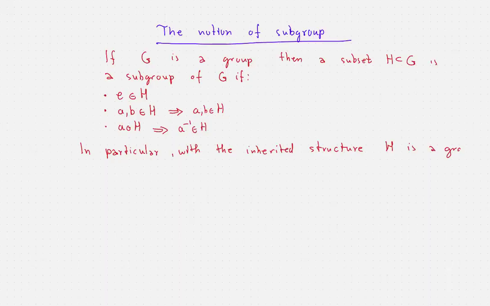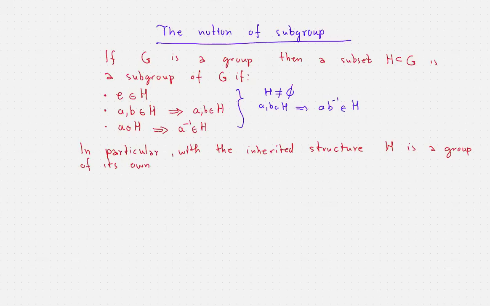As I said, there is a much more concise way to express this, and it's pretty much that H needs to be non-empty, and for A, comma B in H, A times B to the negative 1 belongs to H. So pretty much one condition can easily make everything else follow.